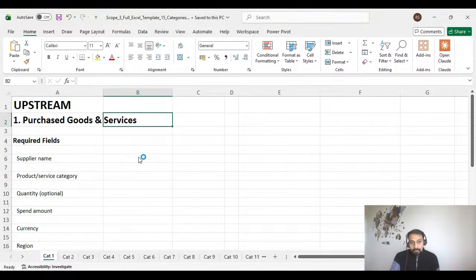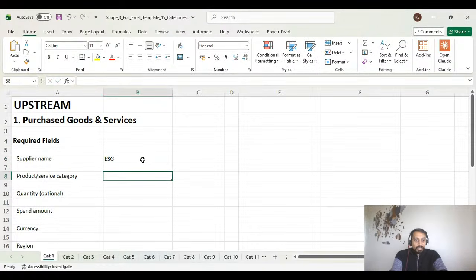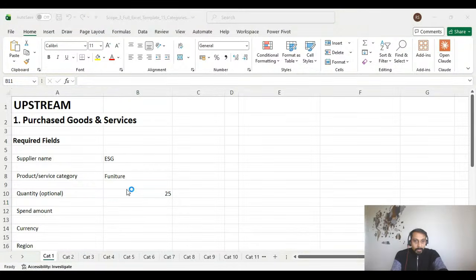Here you can utilize any kind of supplier name. I'm mentioning ESG. The product or service category is furniture. If the company buys maybe 25 chairs or maybe 25 sofas, you can mention just the quantity. It is not necessary because it does not require any calculation.